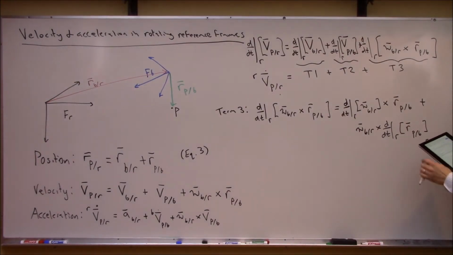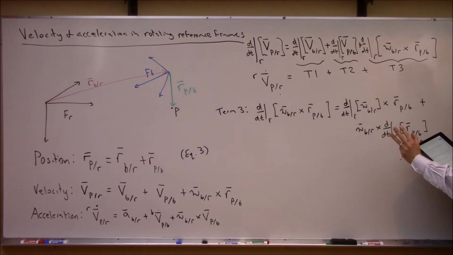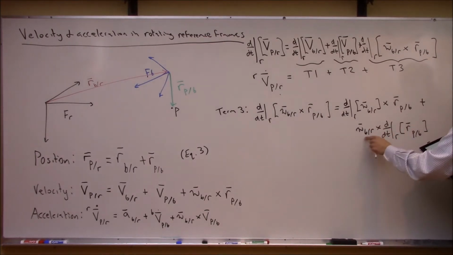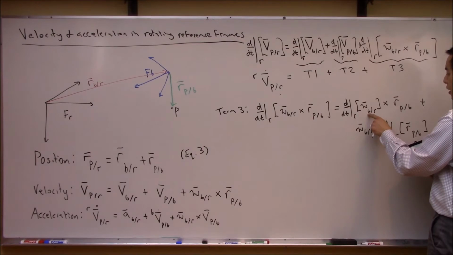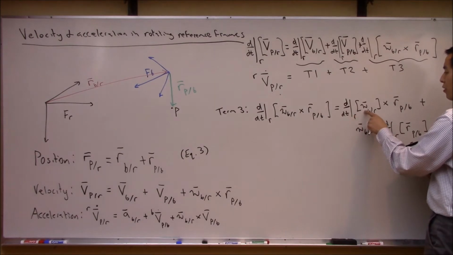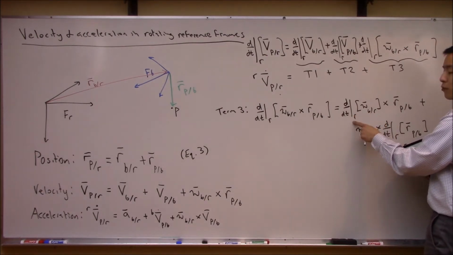Now we have to pick apart each one of these four terms. What is this first thing? This is the angular velocity vector, omega b with respect to r, how b is rotating with respect to r. Now I want to see how that vector changes from the perspective of the reference frame.